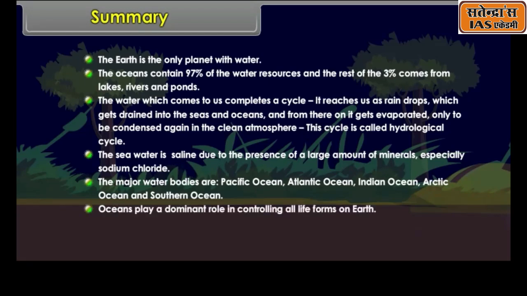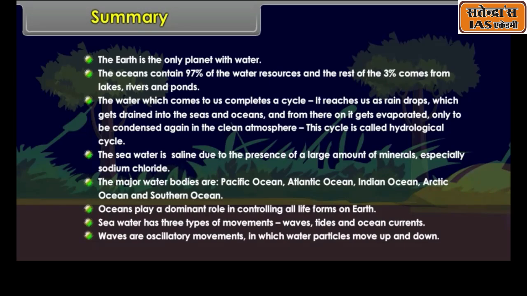Oceans play a dominant role in controlling all life forms on Earth. Seawater has 3 types of movements: waves, tides and ocean currents. Waves are oscillatory movements in which water particles move up and down. Tides are the rhythmic rise and fall of sea water at regular intervals.